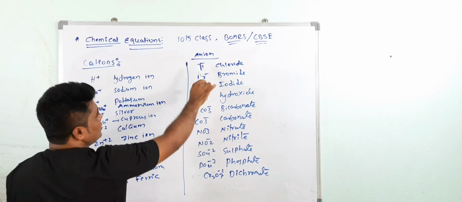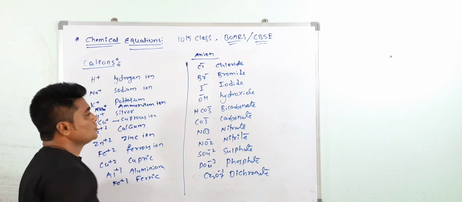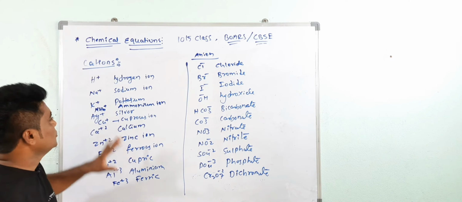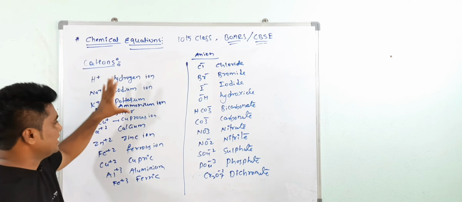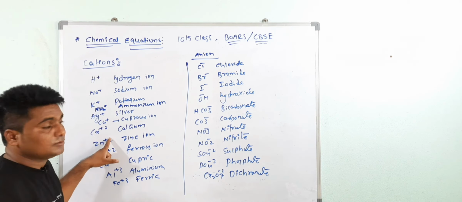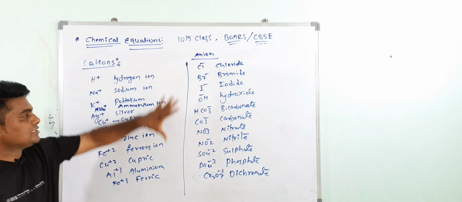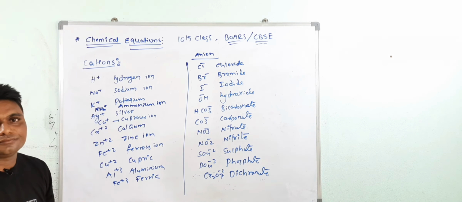We have 1, 2, 3, 4, 5, 6, 7, 8, 9, 10, 11. These are sufficient to write chemical formulas in the 10th standard. First you have to learn all these anions and cations with their names and with their valency also. Understood? Now we will see how to write the chemical formula using these cations and anions. Just write down.